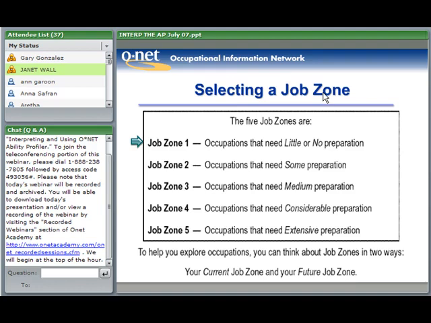Job zone 1, requiring little or no preparation, and a job zone 2 with some, a job zone 3, medium preparation, job zone 4, considerable preparation, and job zone 5, extensive preparation. So again, they're asked to think about current job zone, where am I now, and a future job zone, where would I like to be in terms of my education, training, and experience.